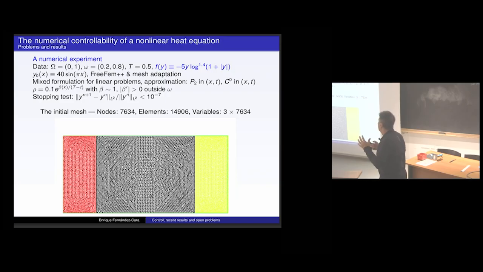What has to satisfy the weight function? This is the key. It has to be near a constant, with the absolute value of the derivative strictly greater than 0 outside omega. Omega is this part. So what we need is that this is not constant outside omega.